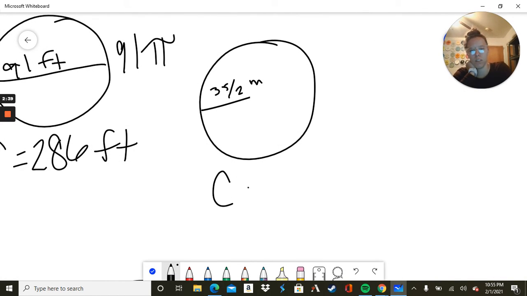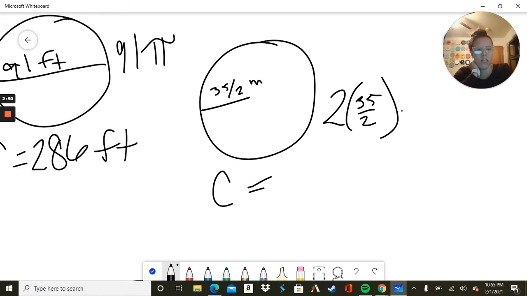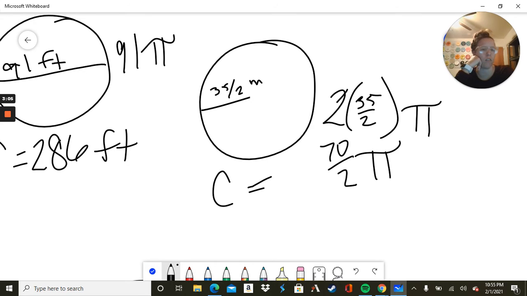All right. So the last one here is new. We know the radius. So we need to take 2 times 35/2 times pi. We can do that first part without a calculator. 35 times 2 is 70 divided by 2 times pi. Or we could cancel the 2's because then it's just 35.